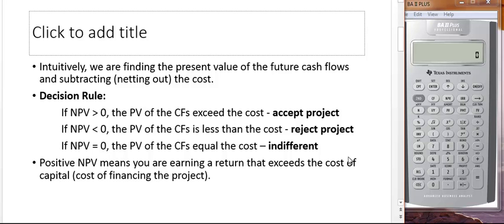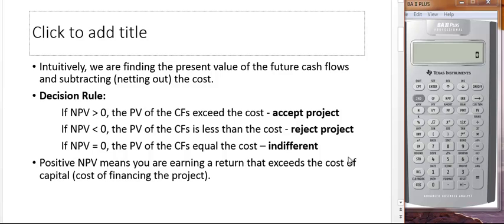If the net present value is less than 0, the present value of the cash flows is less than the cost, and therefore you're losing money, so we should reject the project. And if NPV equals 0, the present value of the cash flows exactly equals the cost, and so you're indifferent. That is, you're not making more than you should, but you're not making less than you should. You're getting a fair rate of return. So if you do it, it doesn't add value to the company, but it also doesn't hurt the company.